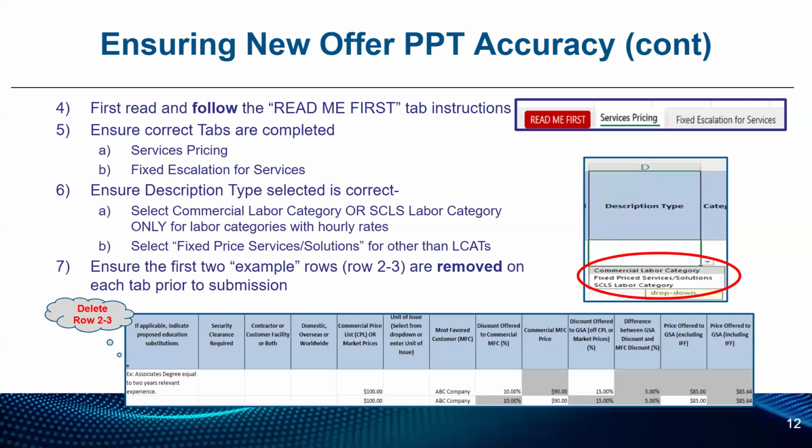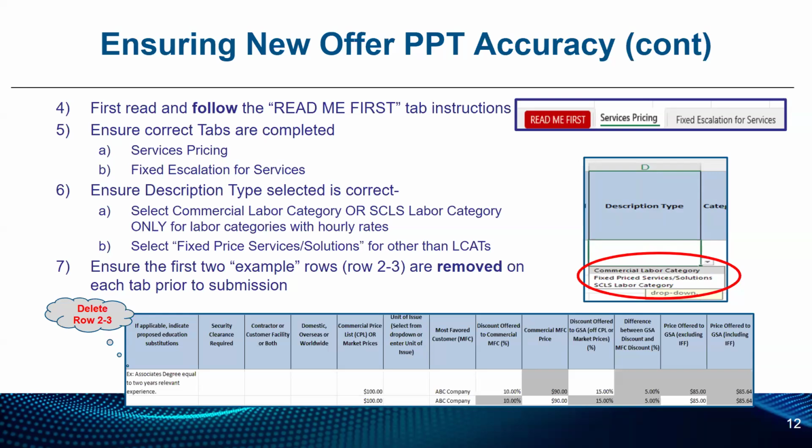Please ensure that you follow the examples. Do not override formulas. There are 2 ways in which you can do your pricing. There are 2 example rows. You either provide the price exclusive of IFF or you provide the discount to GSA. One or the other, and then those gray columns or gray rows, whatever you want to call them, have formulas in them.